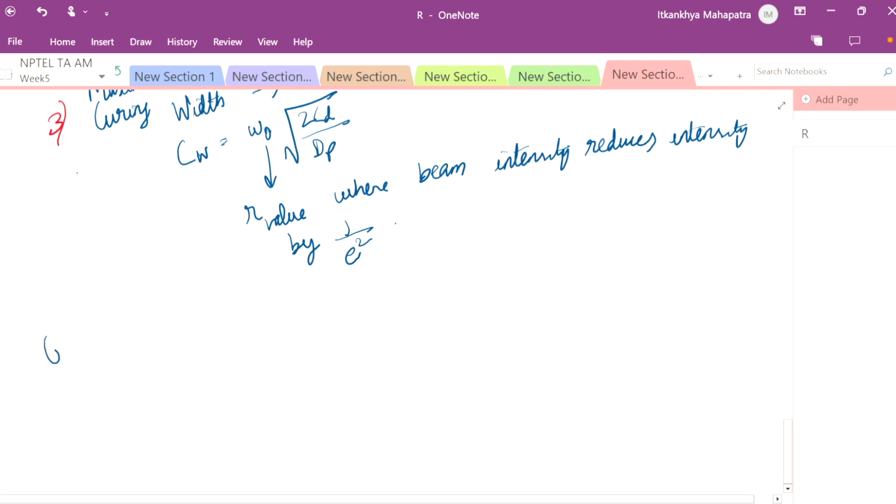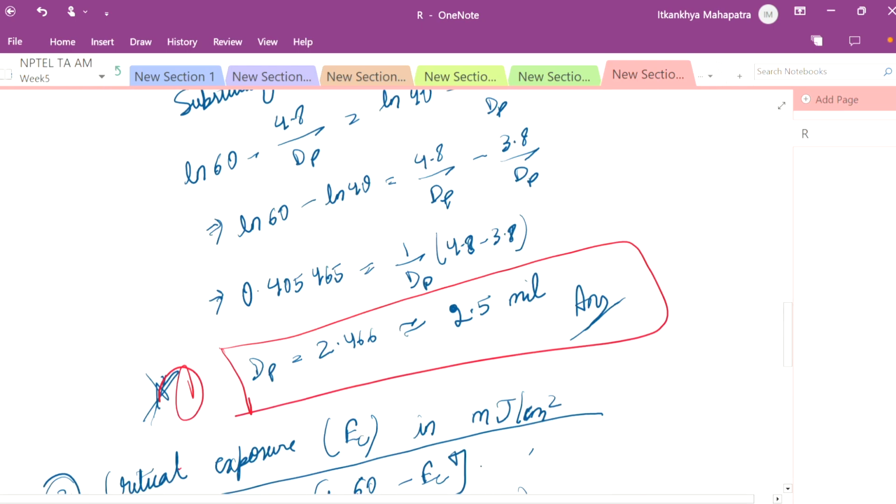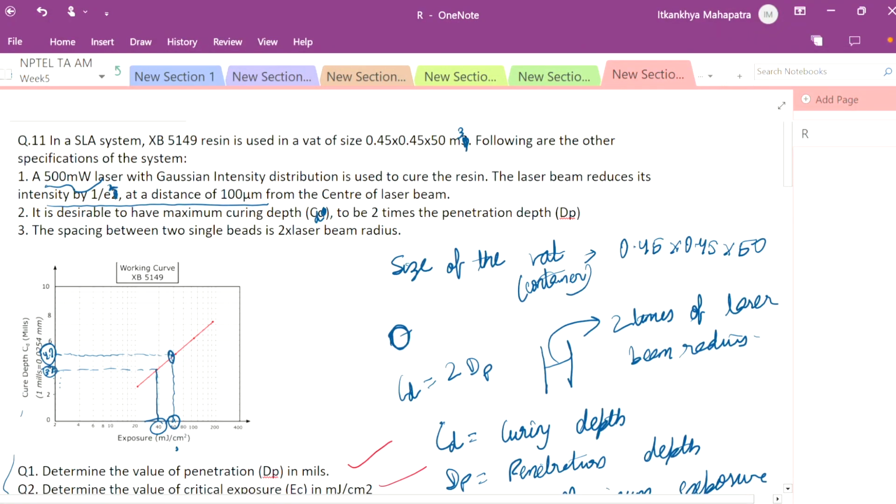Now we are given that CD is equal to 2 dP, the desirable maximum curing depth is 2 times the penetration depth.